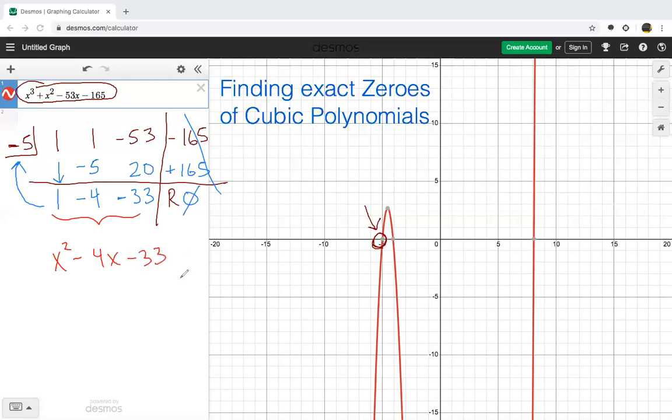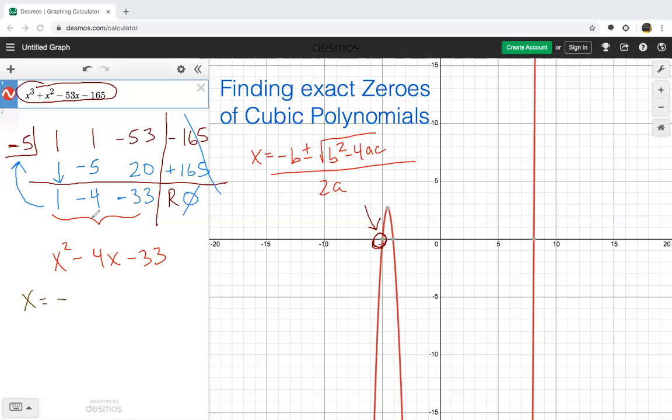And what we can do now is use the quadratic formula to find the exact values of the remaining two zeros. The quadratic formula is x equals -b plus or minus radical b squared minus 4 times a times c, all over 2a. All right, so if we use that, we have x equals the opposite of b.